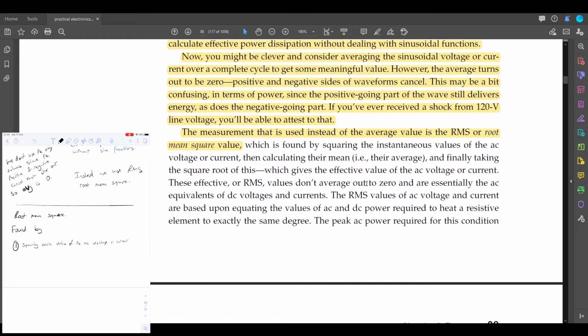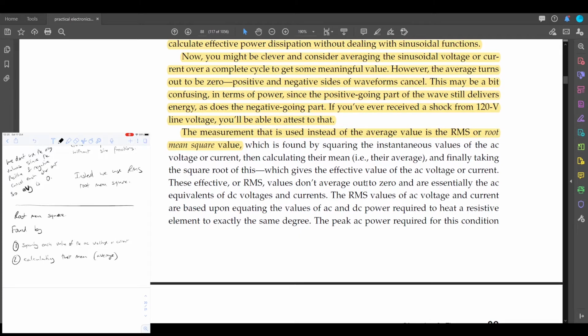All right, so squaring each value of the AC voltage or current, and then number 2, calculating their mean, i.e. their average.